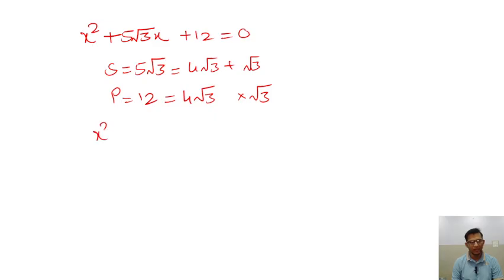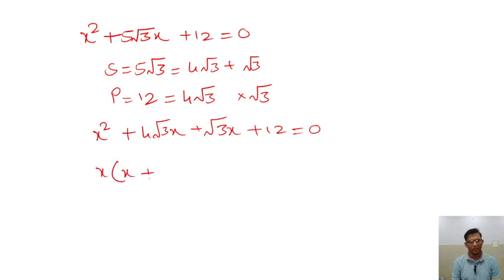So I can break the middle term as x square plus 4 root 3x plus root 3x plus 12 equal to 0. So sum of roots becomes 5 root 3 and product of roots becomes 12. Now take x as common. Inside the bracket we'll get x plus 4, and from these two terms if I take root 3 as common, I'll get x plus 4 root 3 inside the bracket.